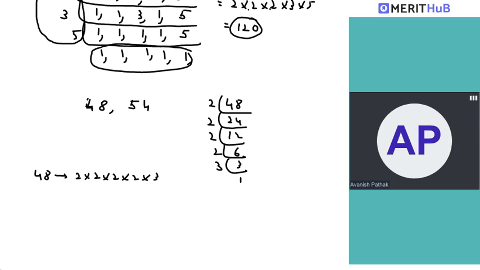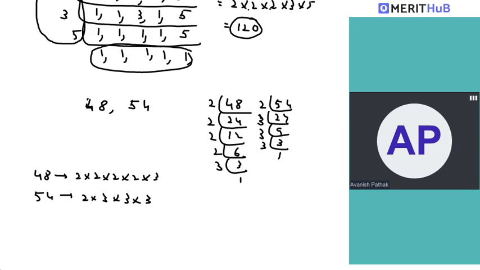Again, I have to write 54, so I'll factorize the same way. If I'm writing for 54, I'll again make an LCM-style division. So that's 2, that's 27, that's 3, that's 9, 3, 3, and that's 1. So for 54, it has to be 2 into 3 into 3 into 3.